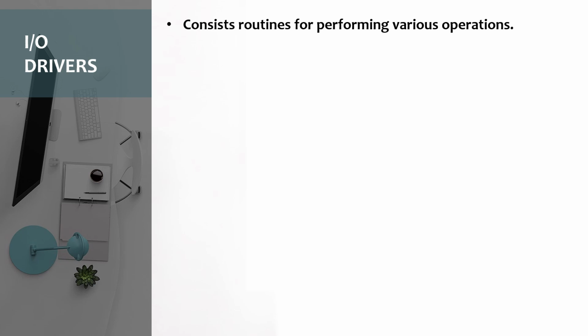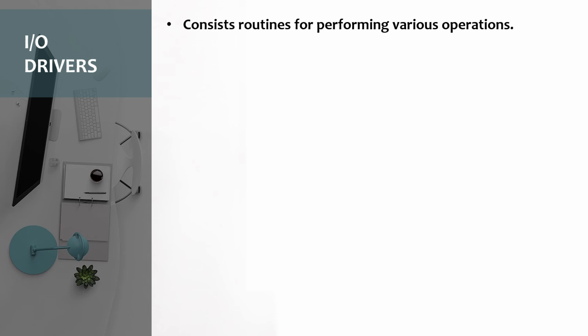So that's why it is written that it consists of routines for performing various operations. Suppose I have a copy function, a paste function, a delete function and a rename function, right? I can do all these operations with my pen drive. When I attach the pen drive, I can perform all these things.